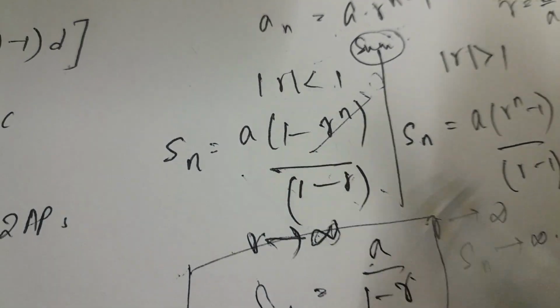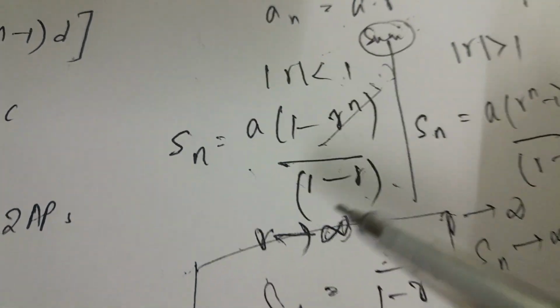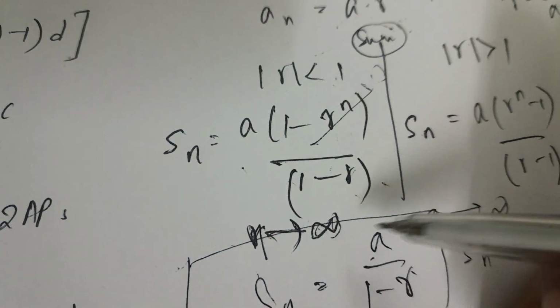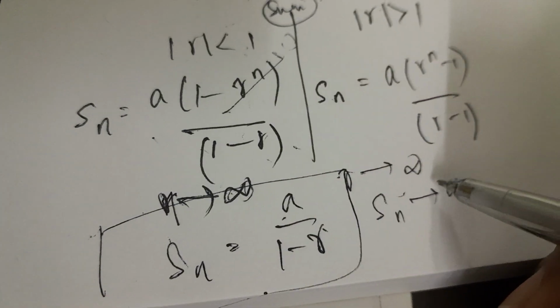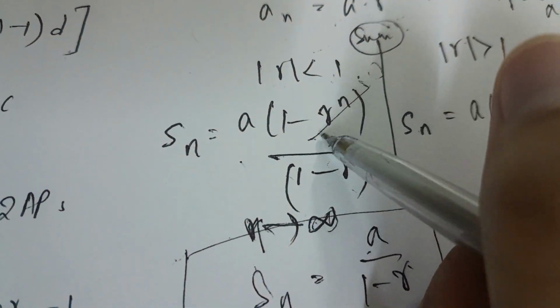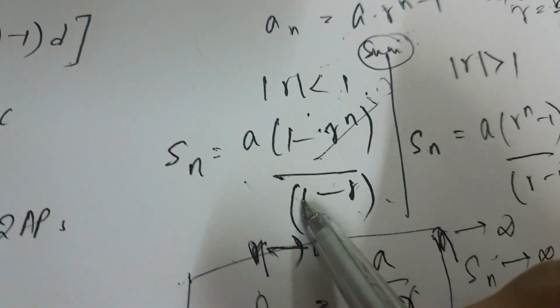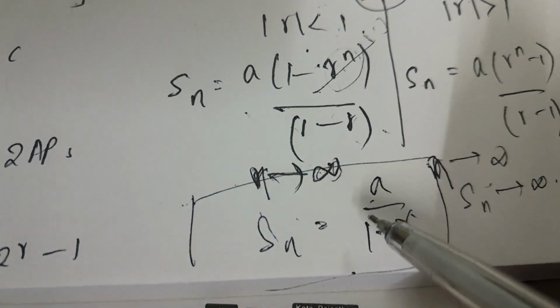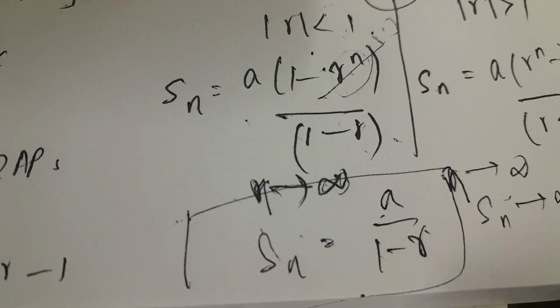This is only when the absolute value of r is less than 1, and also n is tending to infinity. My apologies. Over here as well, n tends to infinity. So when n tends to infinity and you're multiplying a number that's less than 1 over and over and over again, this thing becomes 0, so you have the sum to be a over 1 minus r.